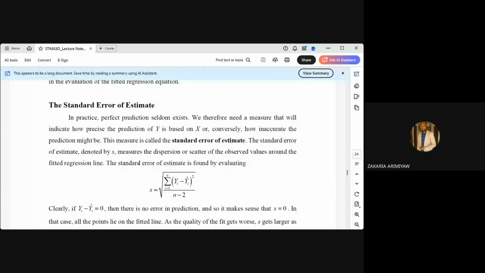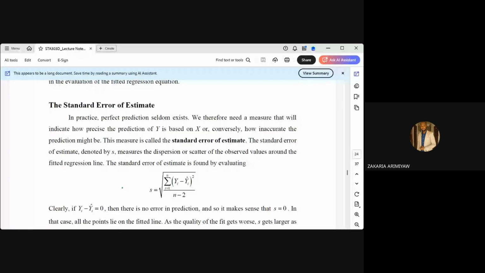As we have already indicated, when the predicted value is exactly equal to the actual value, the difference is going to be zero. What it means is that if you draw the line of best fit, the original y value is going to lie exactly on the line. So there is no deviation, so the value is zero.